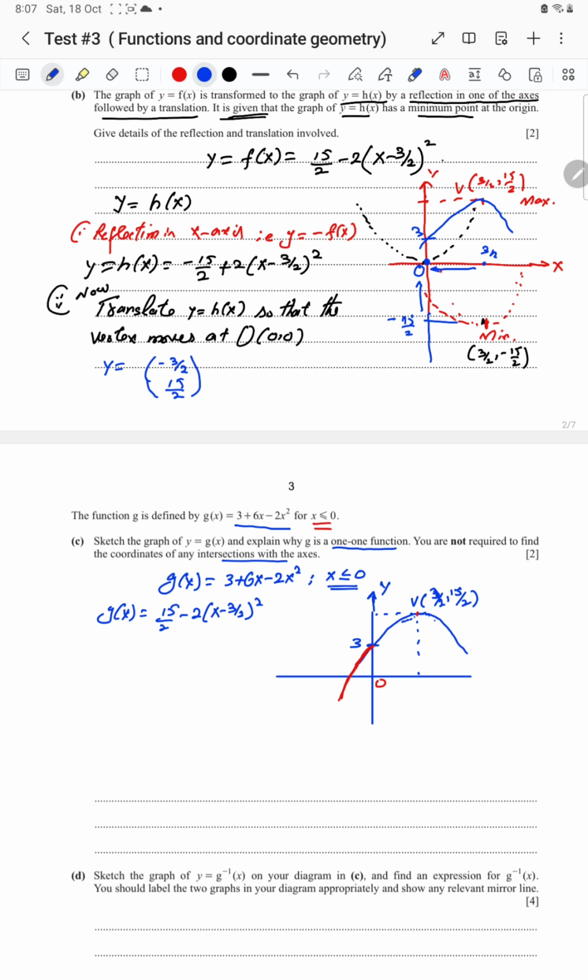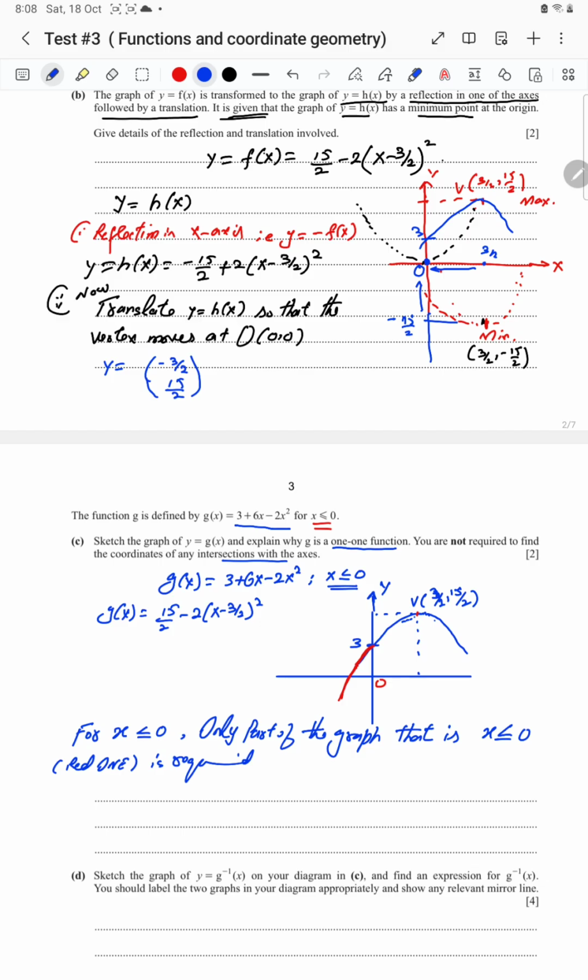You can say only for x less than or equal to 0, the given domain, only part of the graph, that is, x less than or equal to 0, the red one, right? Only the red one is required.